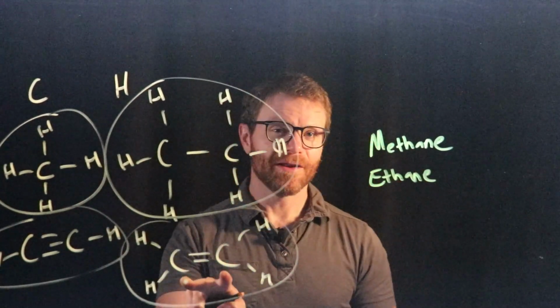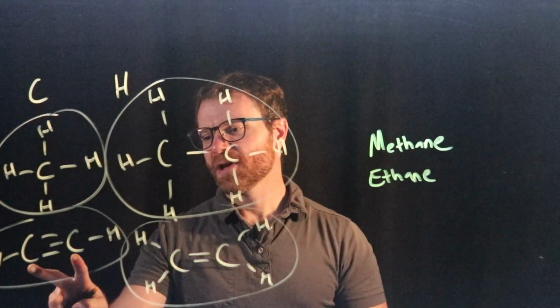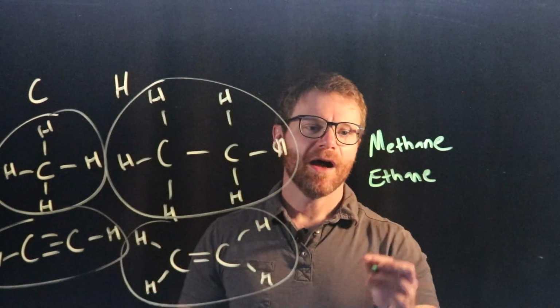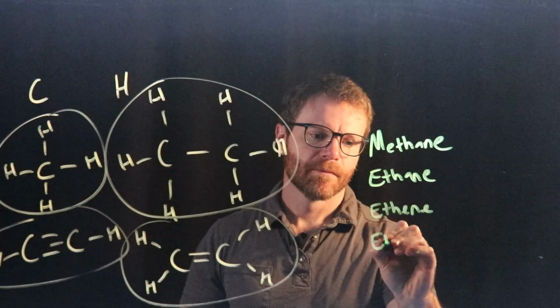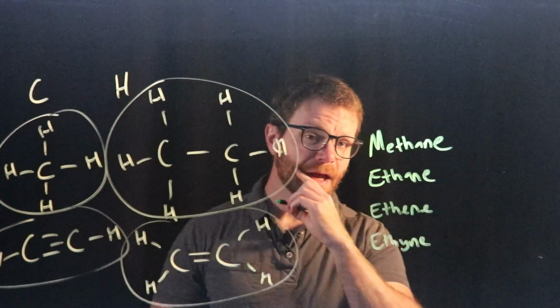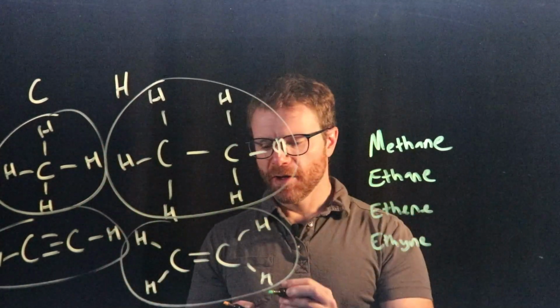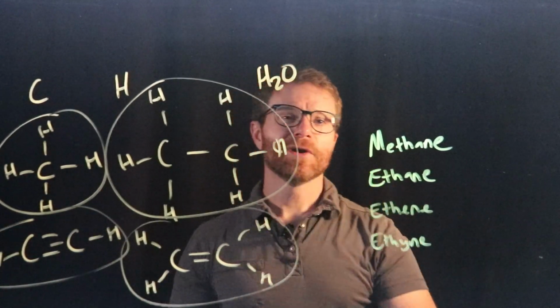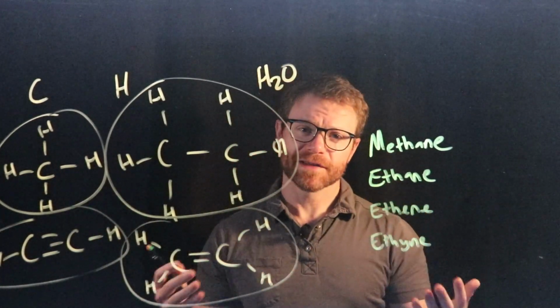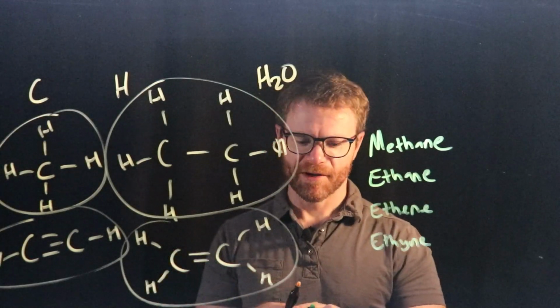This one we call ethene, and this one we call ethyne. Likewise, if you have 1 oxygen and 2 hydrogens, we don't call that dihydrogen oxide, we call that water, right?